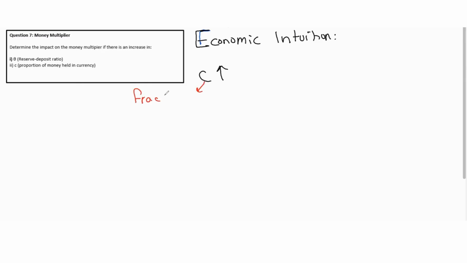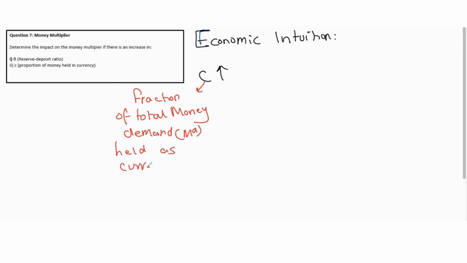C is the fraction of total money, currency plus deposits, held as currency, because you have an option. You can either keep it in the form of currency or you can keep it in the form of deposits.